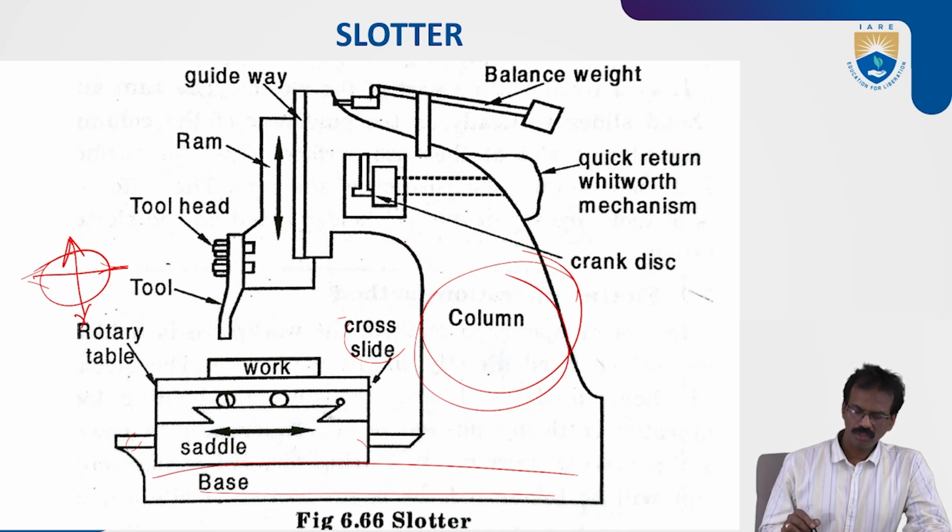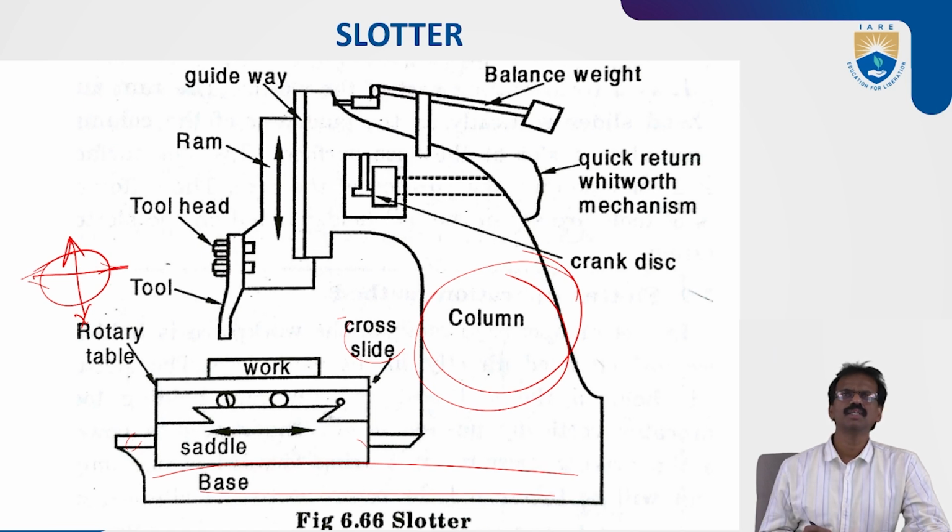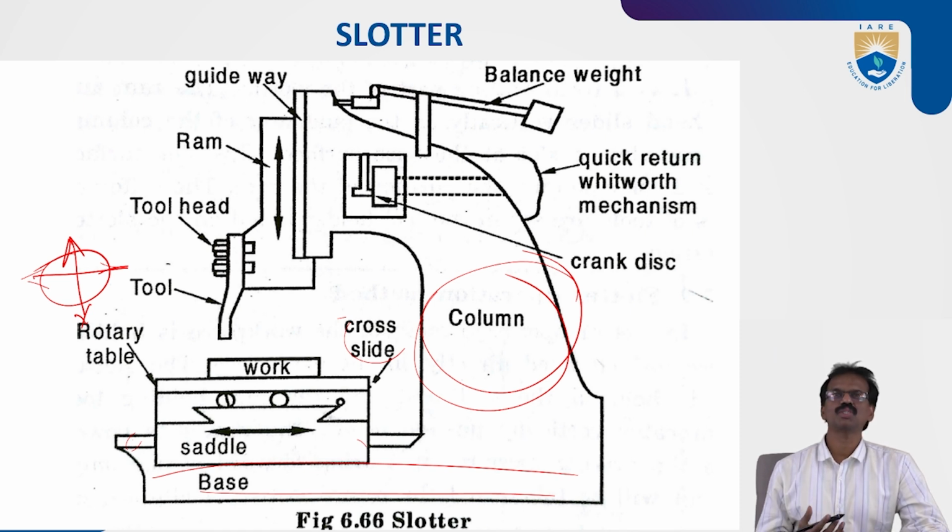This one is the hollow type vertical column. In this hollow space are the mechanisms used to convert the rotary motion to reciprocating motion. We already discussed it in the shaping machine.